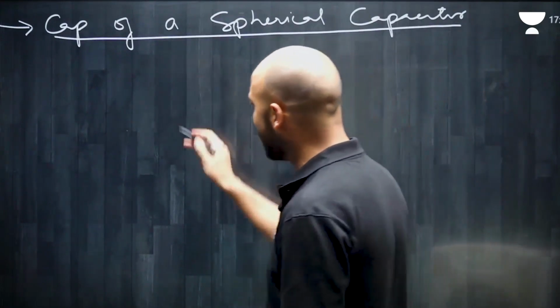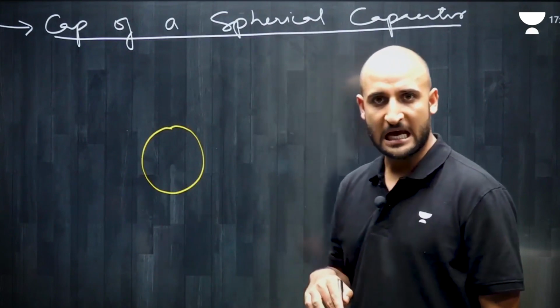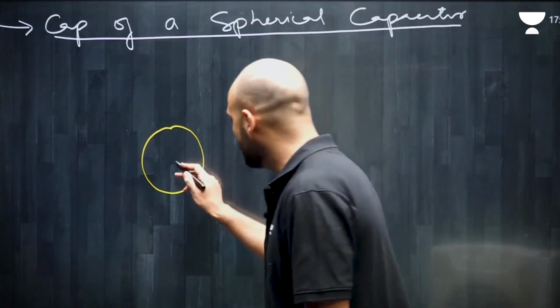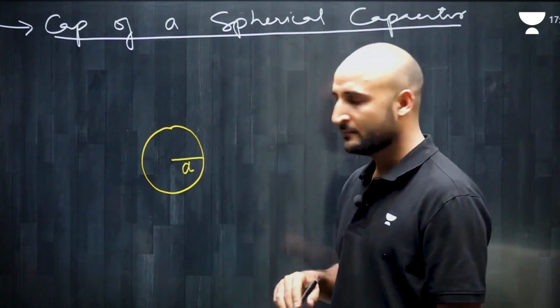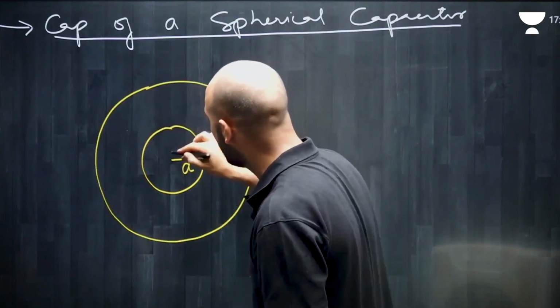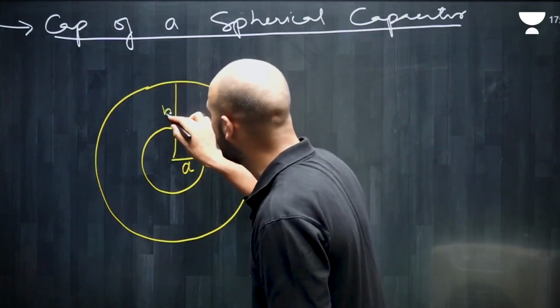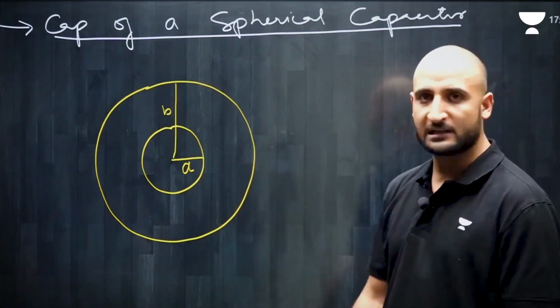Let's assume that I have a spherical shell here, like this. Let's assume that the radius of this spherical shell is A. I take one more concentric spherical shell here, whose radius is, let's say, equal to B. I want to know the capacitance of this spherical capacitor.